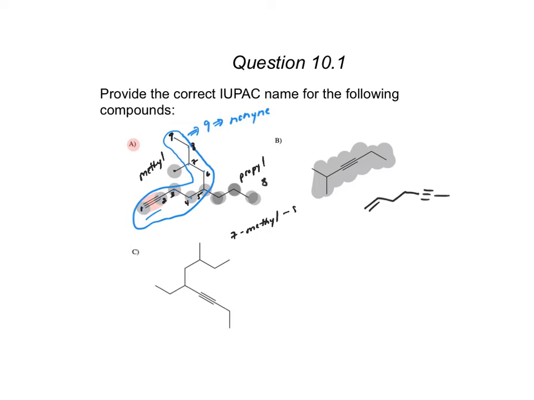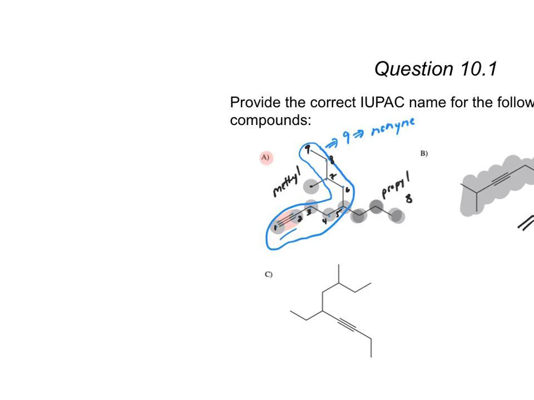We'll go over to this side. So we had a 7 methyl. Why did I say 8? I don't know. So 7 methyl. Then we had a 5 propyl.